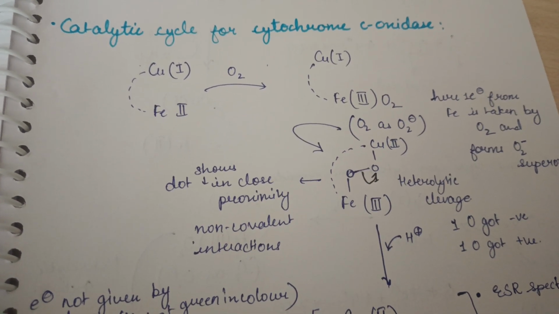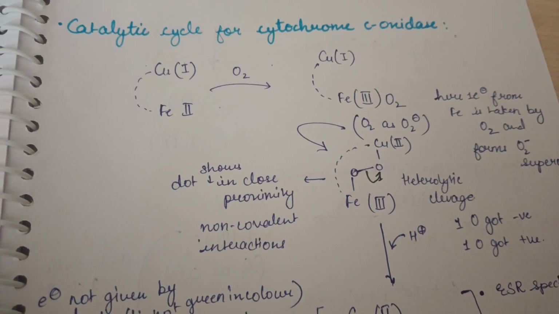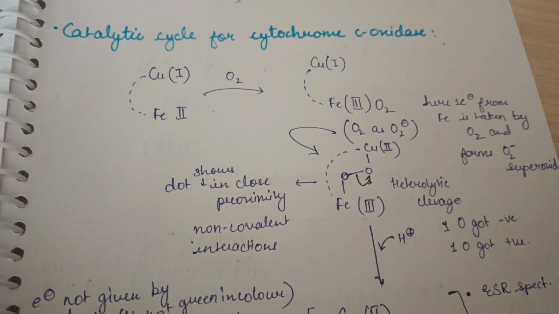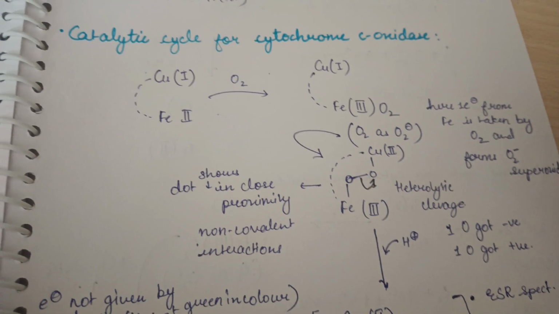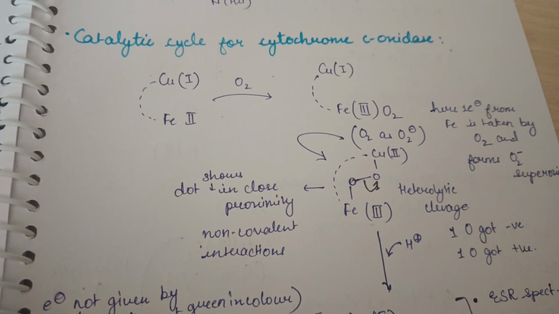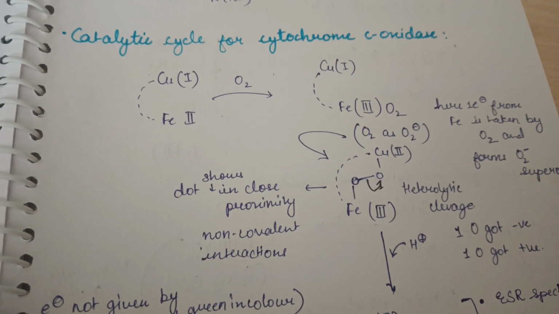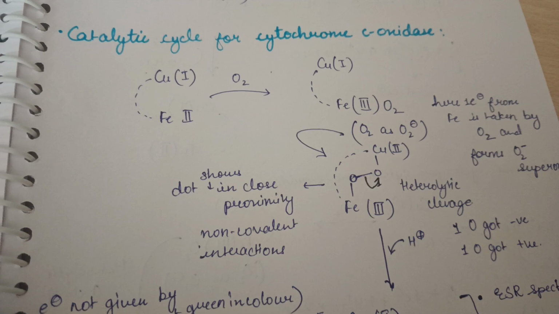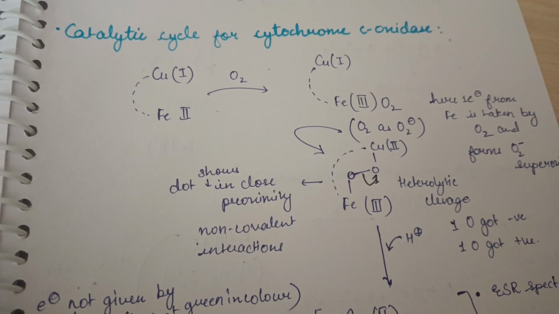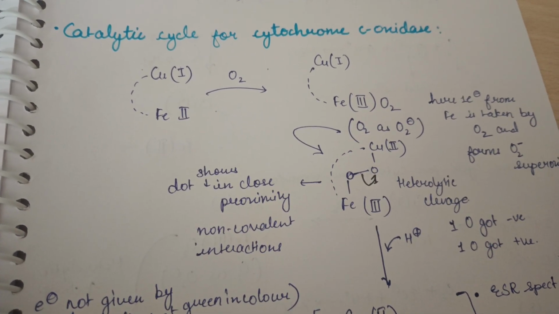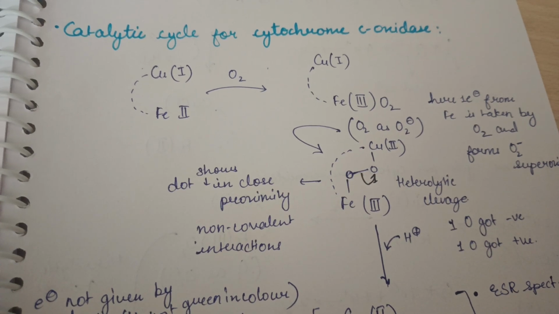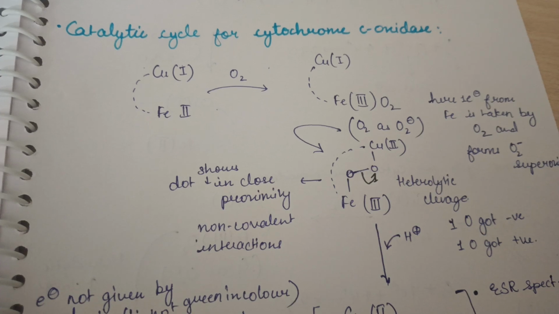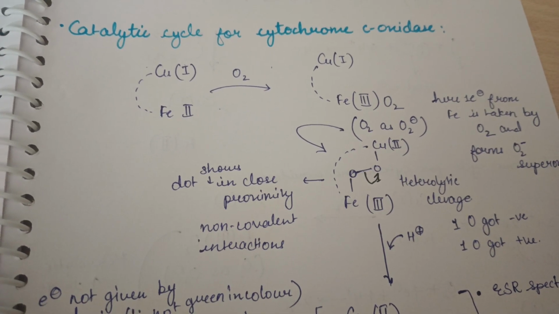There are 2 copper and 2 iron centers. 1 copper and 1 iron are involved in the transport of electrons, and the other copper and iron are involved in the binding of the oxygen. 1 copper and iron have their coordination sites fully occupied, so they don't get involved in the binding of oxygen. Copper has 4 coordination sites bound, and iron has its 6 coordination sites bound.